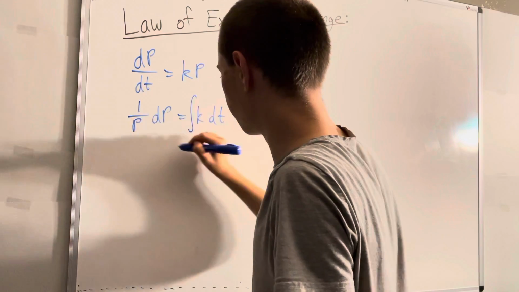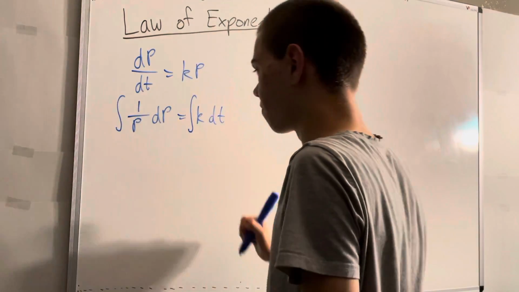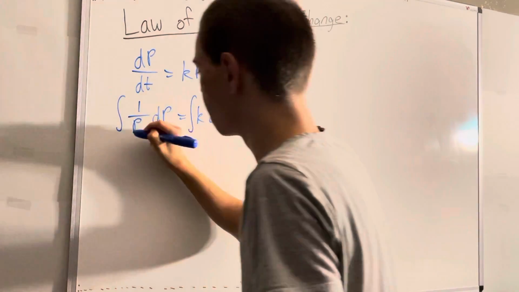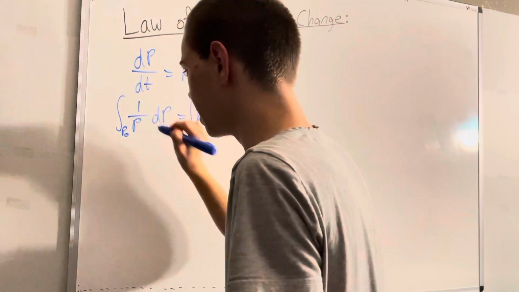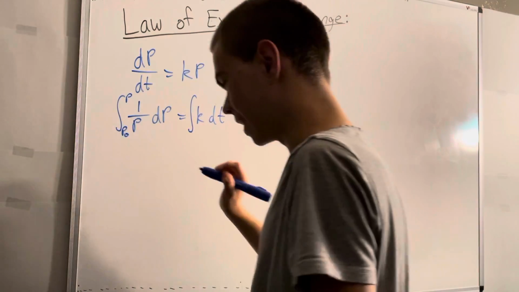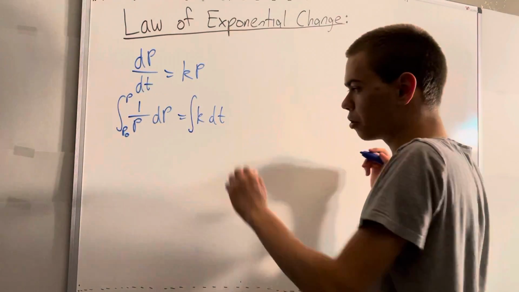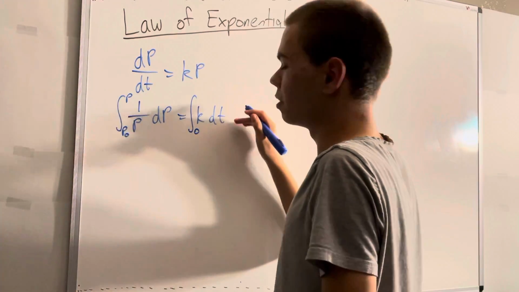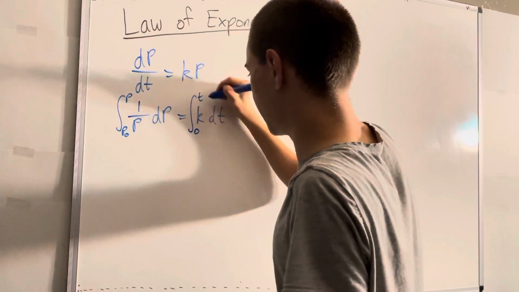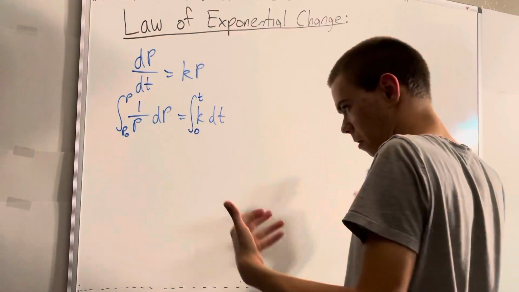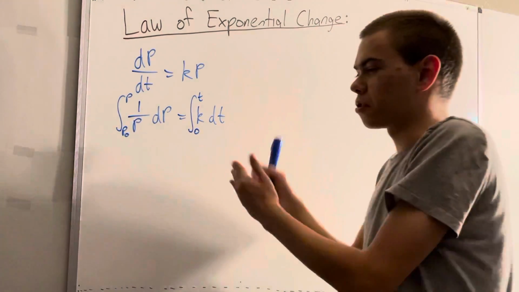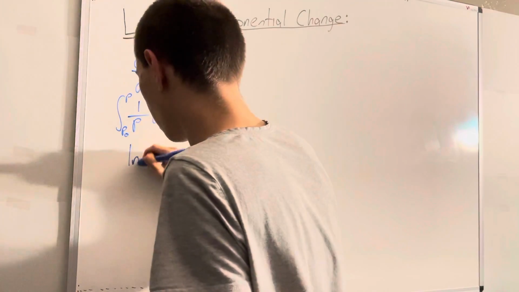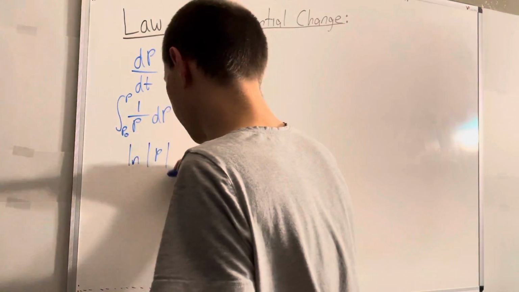We integrate both sides of the equation. We're integrating our population from an initial value p0 to a final value p, and we're integrating our time from an initial time of 0 to a final time t. Now we can solve these integrals, and we know how to solve this one. It's the natural log of the absolute value of p.